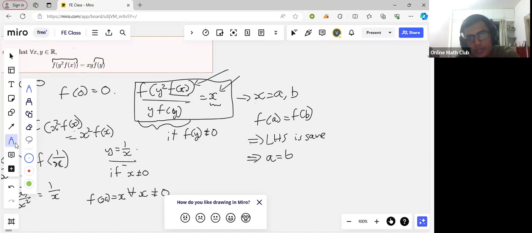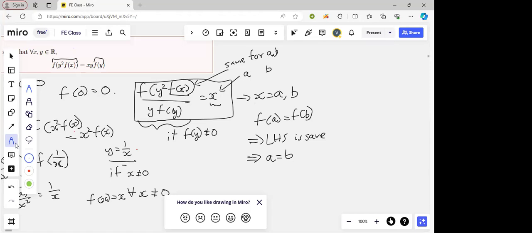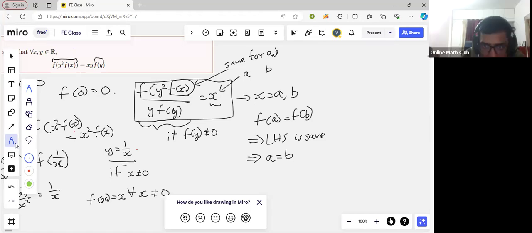So when we put a and b, this side is the same for a and b, but this side is one time a and one time b, right? So we'll get that a is equal to b. Is this clear to everyone?